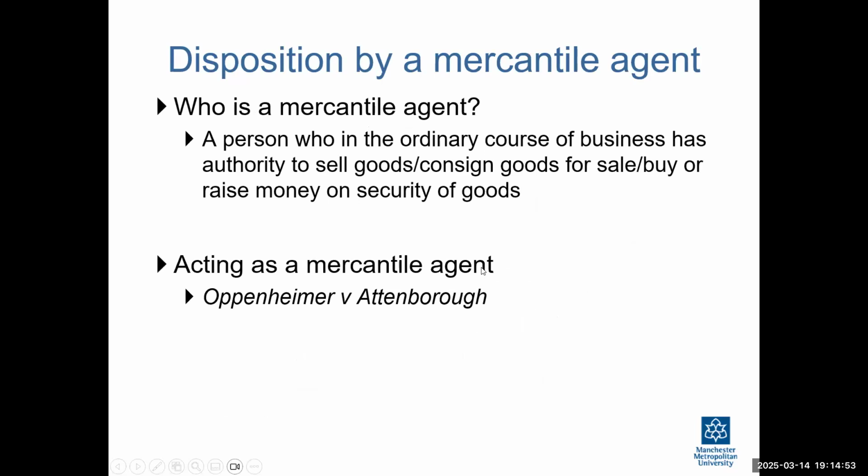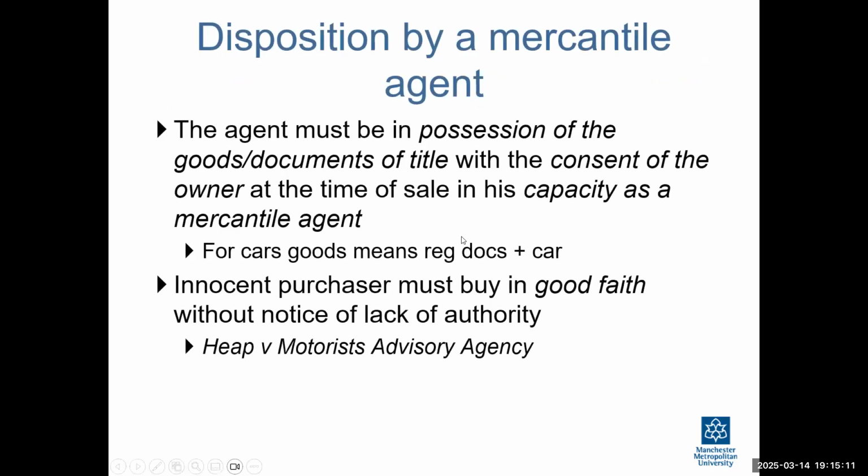And there's a distinction in the case law that provides that even if he doesn't have the right and is pretending to be, the innocent party may still be able to get title in that case. We're going to dig into this deeper when we're answering the questions on it.